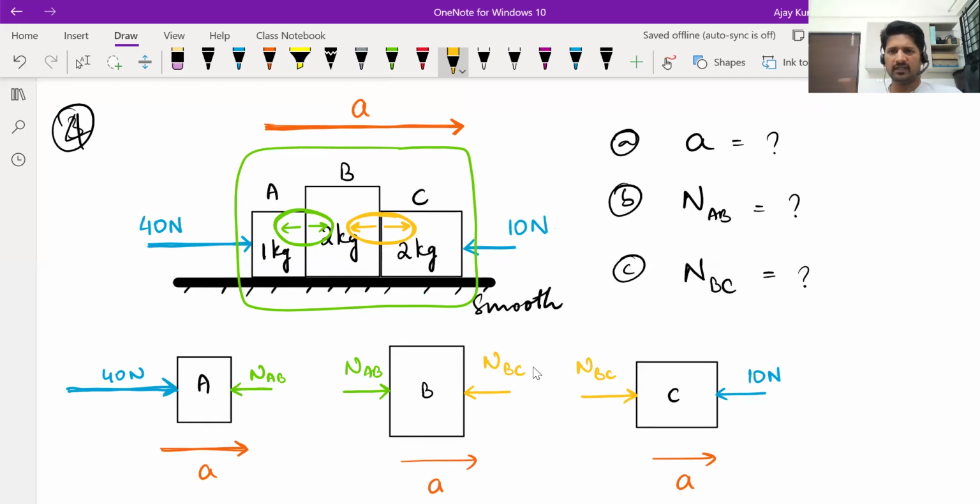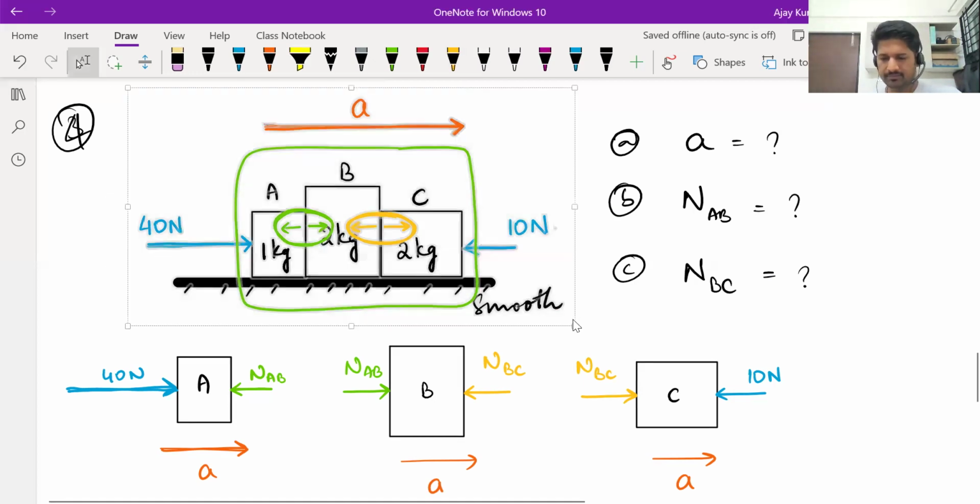And see, we know for every action there is an equal and opposite reaction. If action force is internal, like exerted by A on B, reaction force will also be internal only, exerted by B on A, and they'll cancel. Okay, on the system as a whole, they will cancel. So what I'm saying is, I'll take this diagram separately.